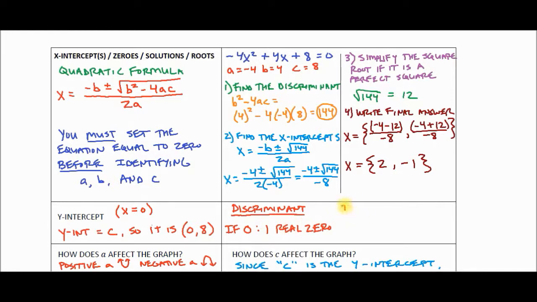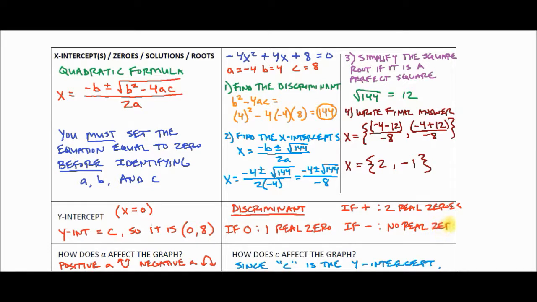If the discriminant is positive, then we have two real zeros, or two x-intercepts. And if the discriminant is negative, we have no real zeros.